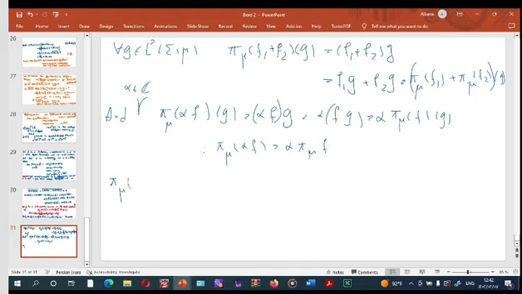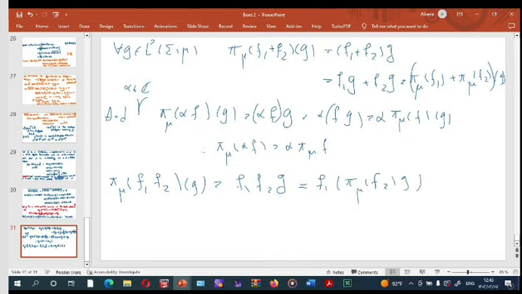And also P mu of f1 f2 of g equals f1 f2 of g, and this is equal to, not of, this is multiplication, okay, by definition, and we can write this is equal to f1 of P mu of f2 of g.